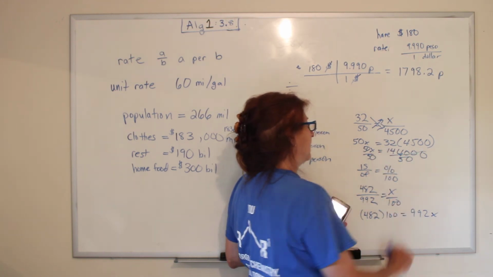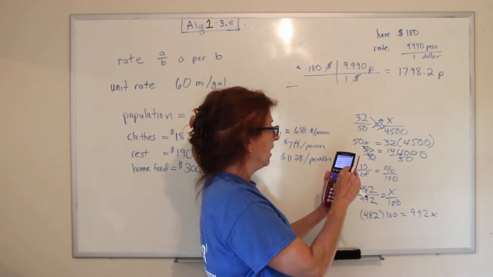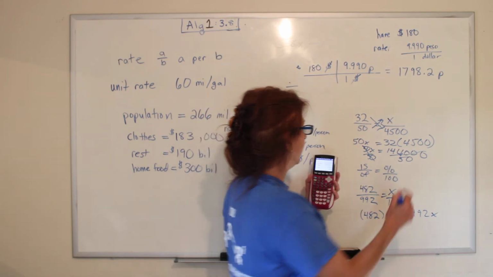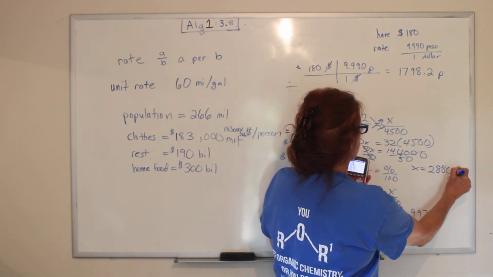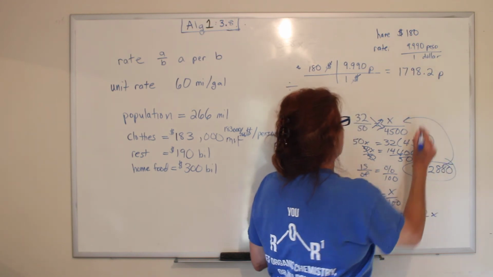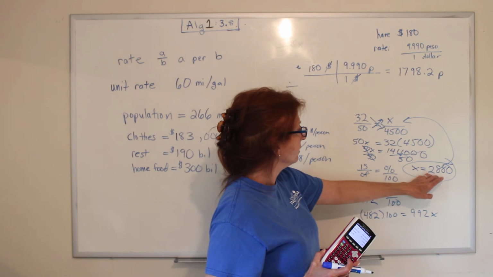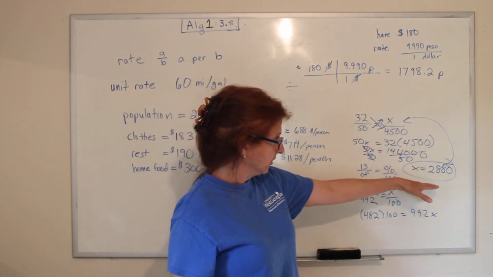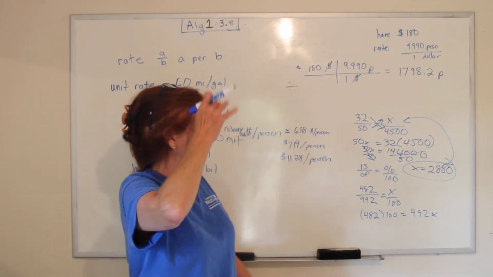So I do the opposite, I divide by 50, but what I do to one side I do to the other, those cancel out. If I already have that number on my calculator, I could just divide by 50 and x is equal to 2,880. And the last thing you should always do is ask, is it reasonable? 32 is to 50 as 2,880 is to 4,500, yeah, that sounds reasonable. If we had gotten 6 billion, we would know we had done something wrong. So ask, is it reasonable?